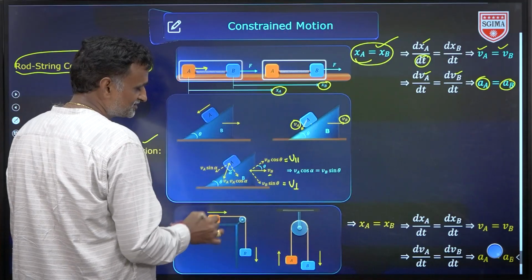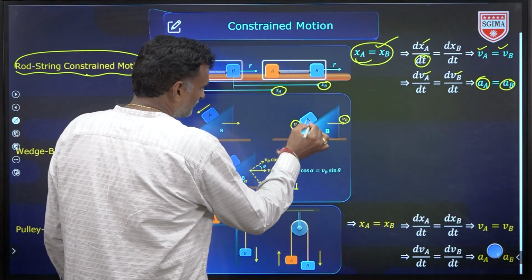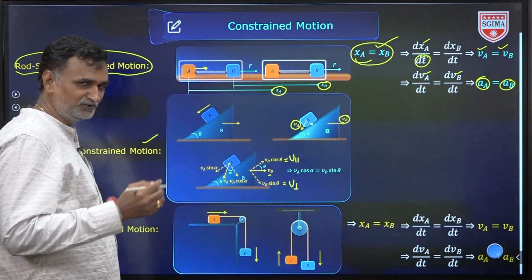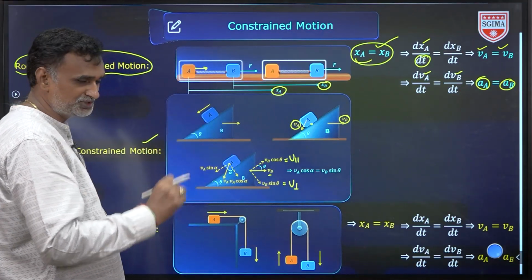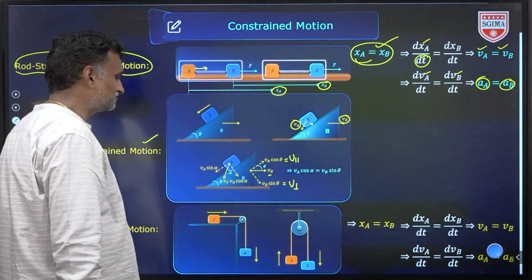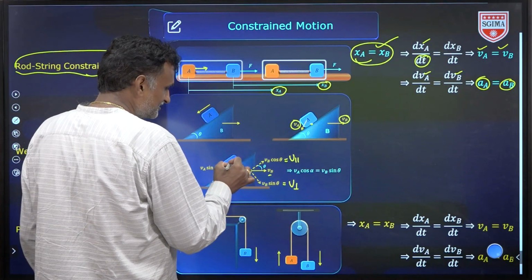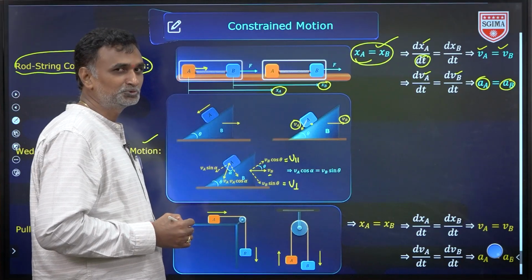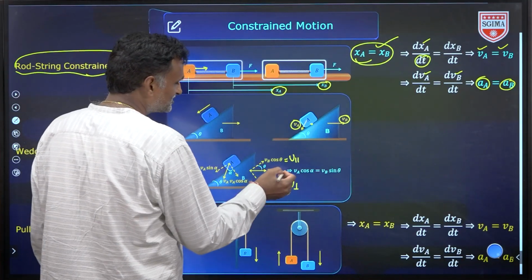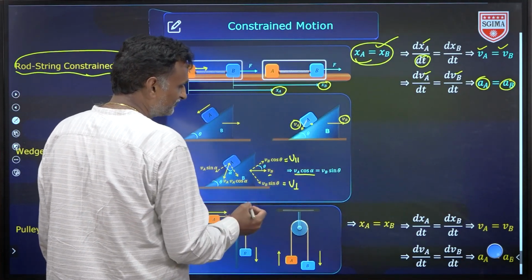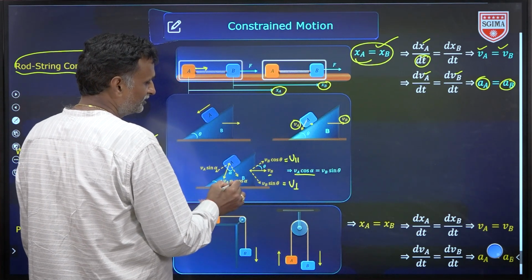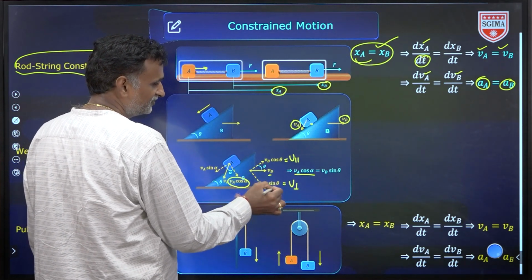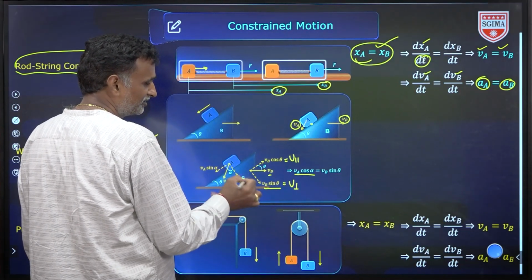In this case, to maintain the contact between block A and wedge B, the velocities perpendicular to this contact must be the same. You can see here Va cos alpha, the perpendicular direction. Next, here Vb sin theta, the perpendicular direction.